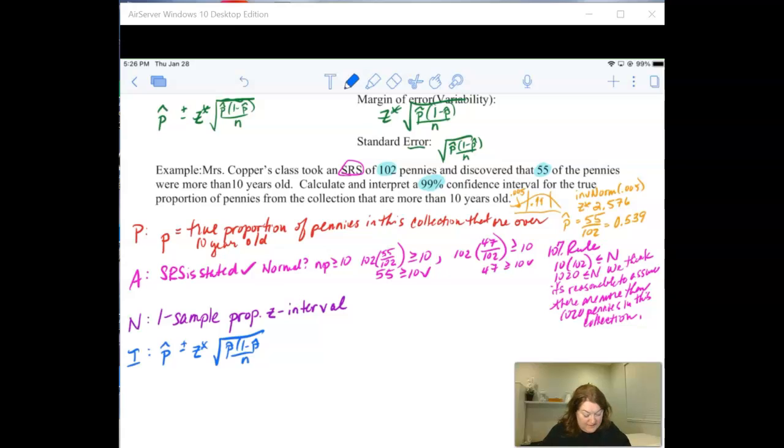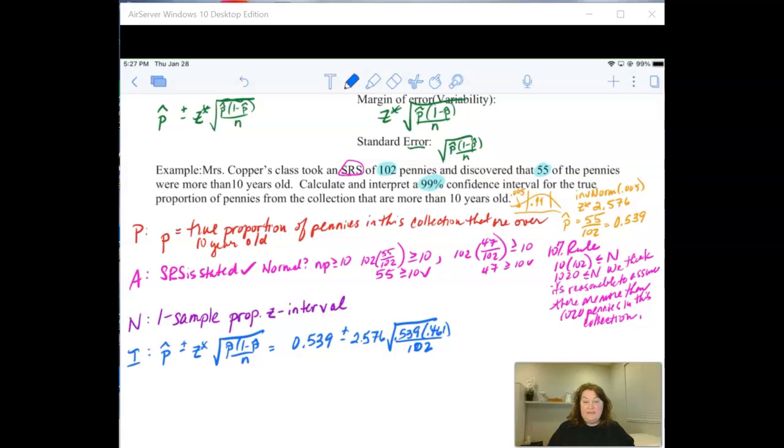Okay, so if I do that, I will get 0.539, was my guess, plus or minus 2.576. And then I'm going to put in my numbers: p hat was 0.539, 1 minus that would be 0.461, all over 120. Yes, 102.